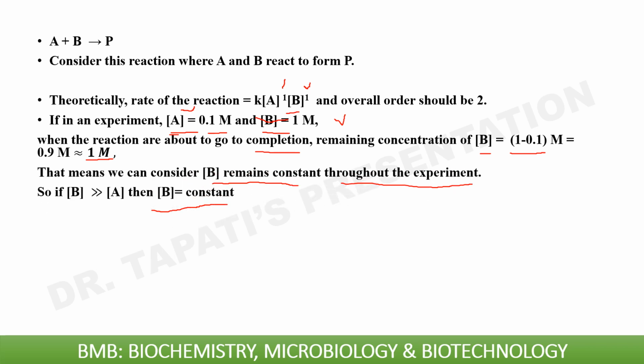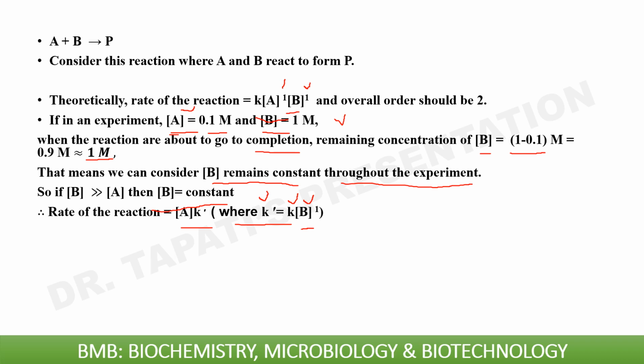Rate of the reaction will be [A] into k prime, where k prime is equal to k into concentration of B power of 1, and concentration of B is constant, k is also constant. Therefore we have denoted k into concentration of B as k prime, that is the pseudo-first order rate constant.